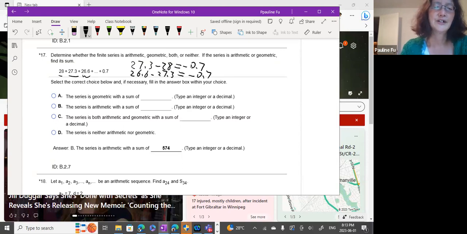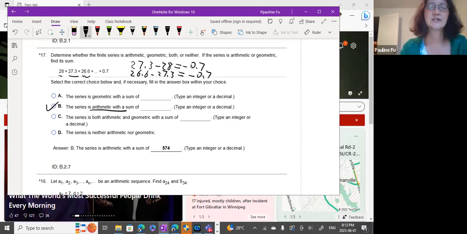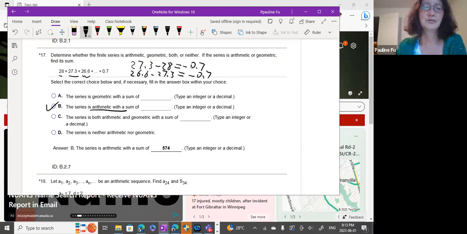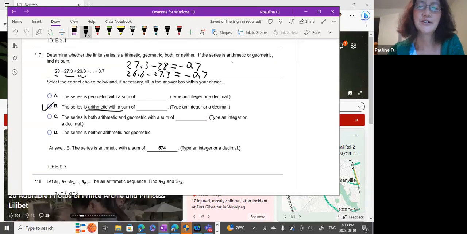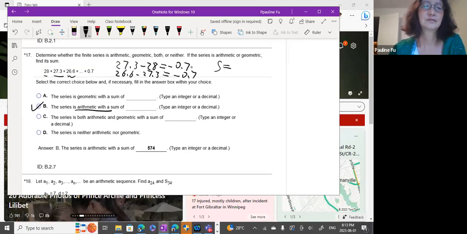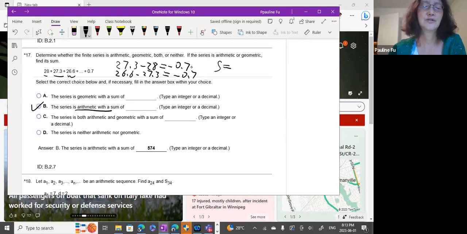Okay, so this is an arithmetic series. So we need to find the sum. So the sum is S, arithmetic.